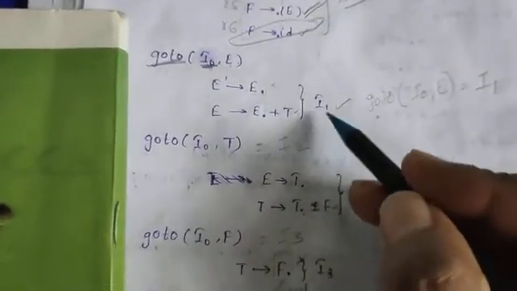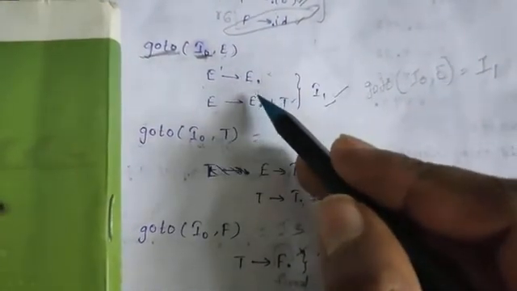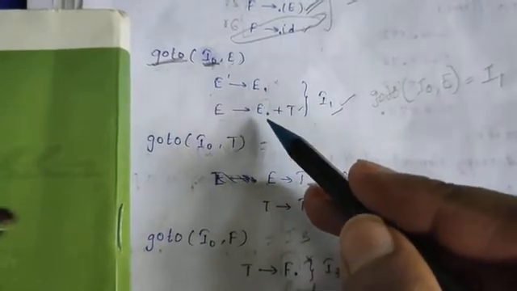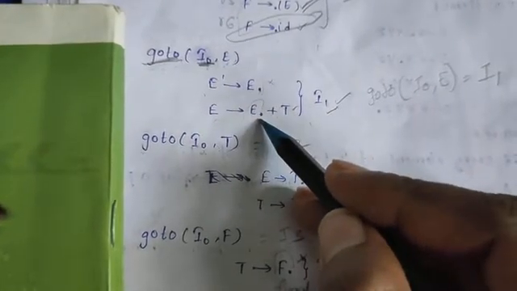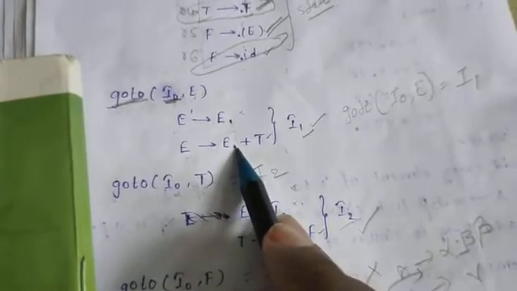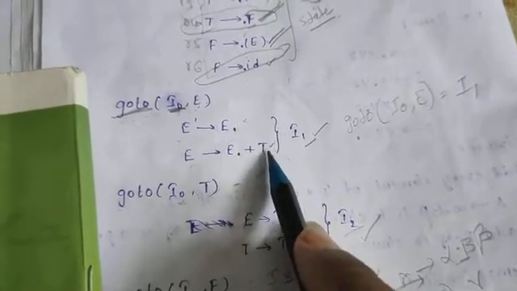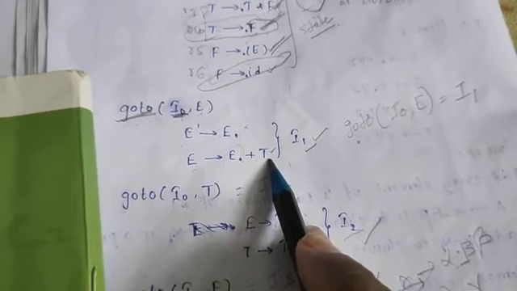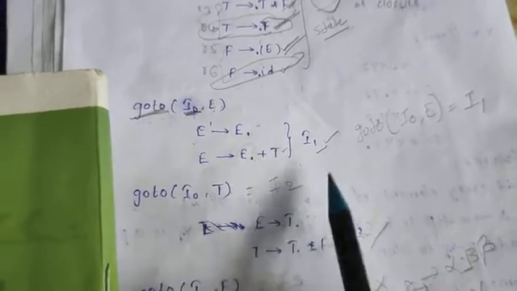Then we check for I1. If the dot is at the end of the production, no need to do anything. Otherwise this same process will be continued until the dot reaches the final state of every production; we keep repeating the same process.